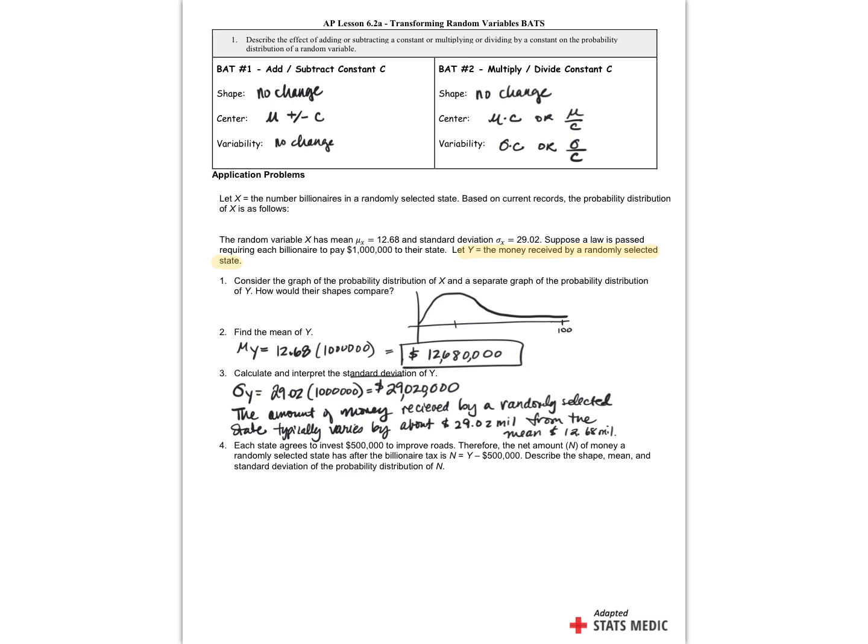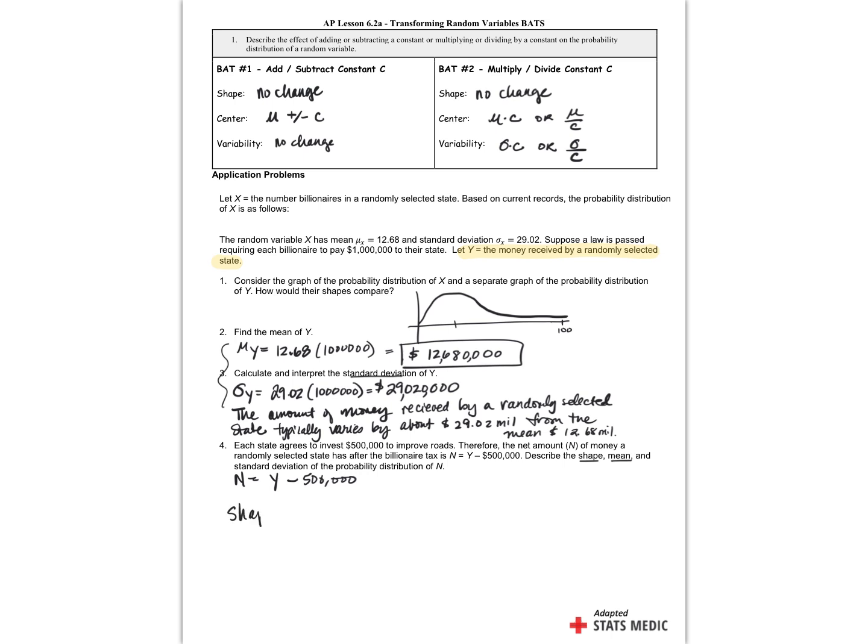It says each state agrees to invest $500,000 in roads to improve the roads. Therefore, the net value of the money is now, look at this equation they're giving us. It's now Y, which is what we calculated up here, right? Minus the 500,000. Describe the shape, the mean, and the standard deviation of this new distribution.